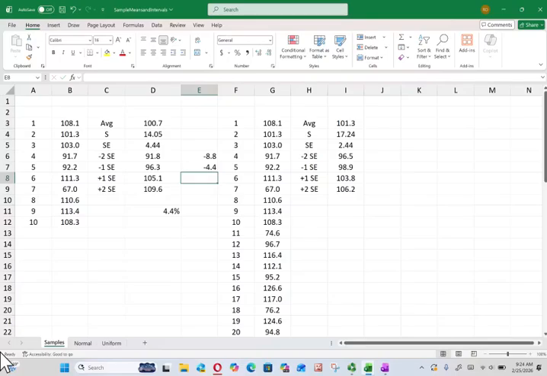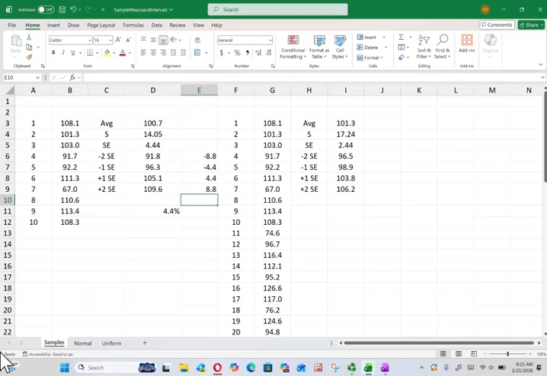How about the up 1 standard error and up 2 standard errors as a percent of the average? And it's just the standard error, 4.4 for 1 standard error up, and 8.8 for 2 standard errors up. This is a way to do these things without having to use the units of the average.